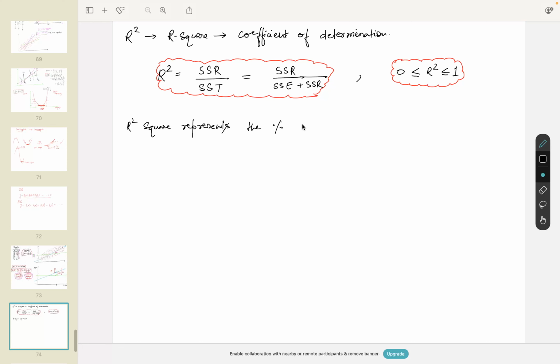The percentage variation in output, that is the dependent variable, explained by the input variable.